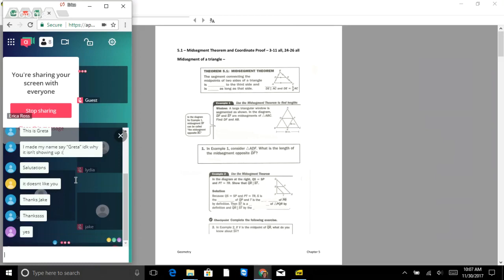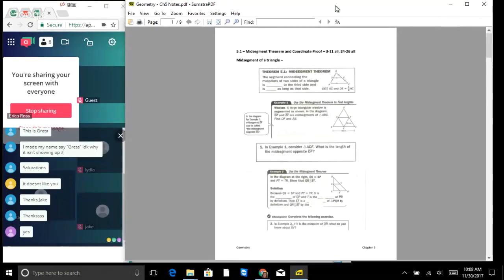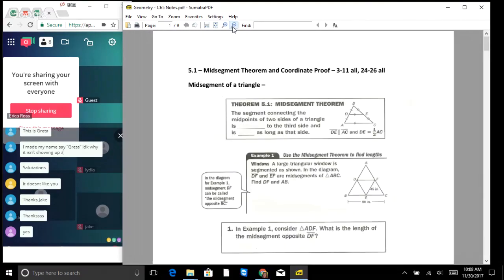All right. So let's go ahead and get started. 5-1 is only one page of notes, so it's pretty easy. We just spent a lot of time talking about triangles, and guess what? We get to spend more time talking about triangles.